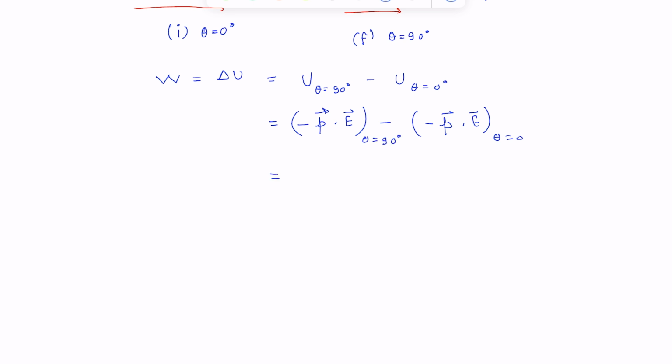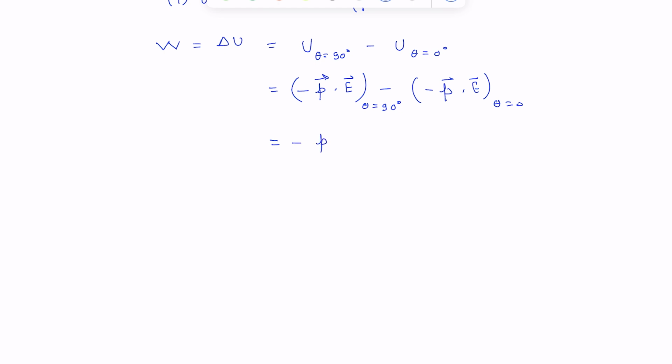This will be just minus magnitude p, magnitude of electric field, times cosine of 90 degrees, plus p times E cosine of 0 degrees. So cosine of 90 is 0, so we just have p times E, and cos 0 is 1.